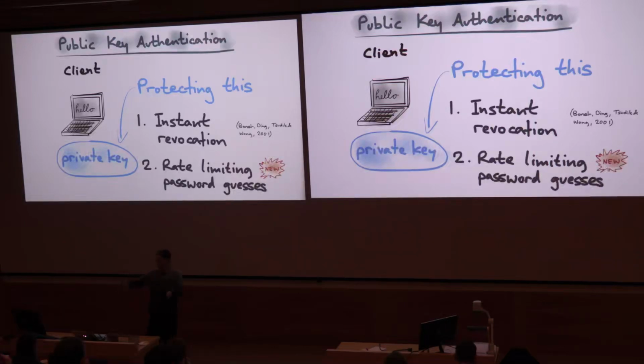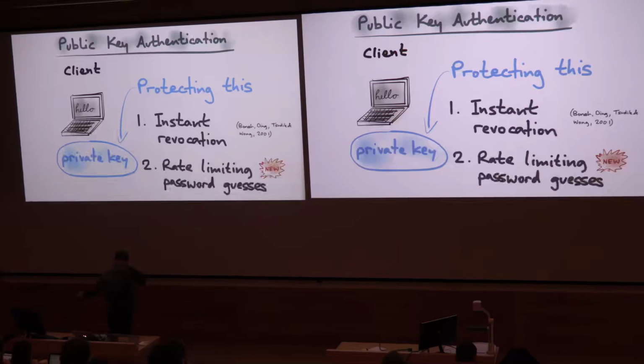So that limits the amount of time during which the secret is exposed. And then the second thing I'd like to talk about is actually rate limiting the password guesses from an attacker other than just by using a slow hash function.